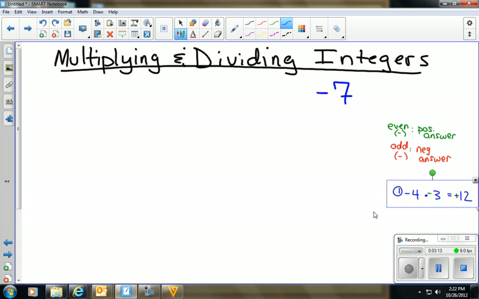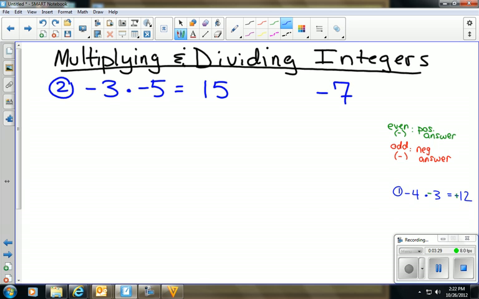So doing another multiplication problem. Let's say that we have negative 3 times negative 5. Again, you're going to have 3 times 5 is 15. There are two negatives, so it's going to be a positive 15.